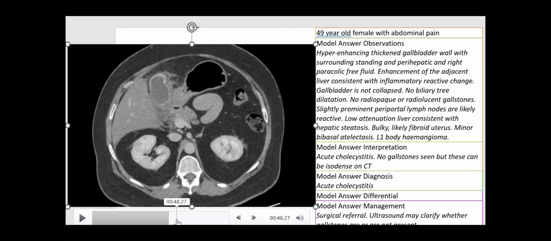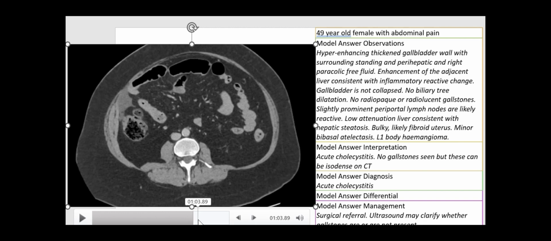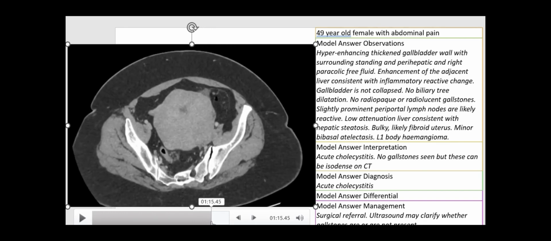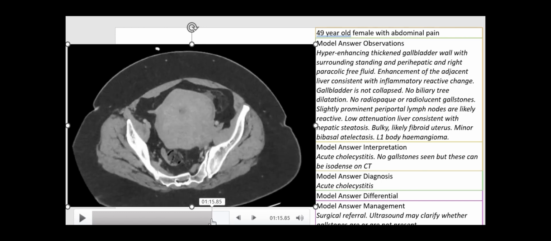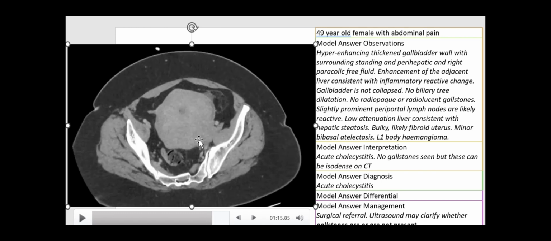And if you go down into the pelvis, can you see this patient's uterus? The patient's uterus is very bulky.